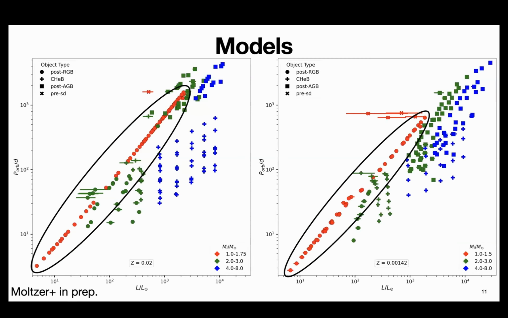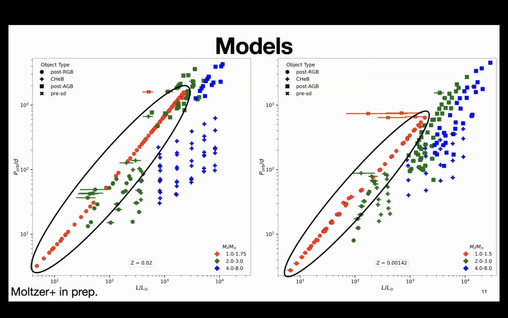And what I first want to pull your attention to are the post-RGBs denoted by the circular markers. What you can see is that they follow a really tight luminosity-orbital period relation, which is very useful because it gives us a lot of predictive power.